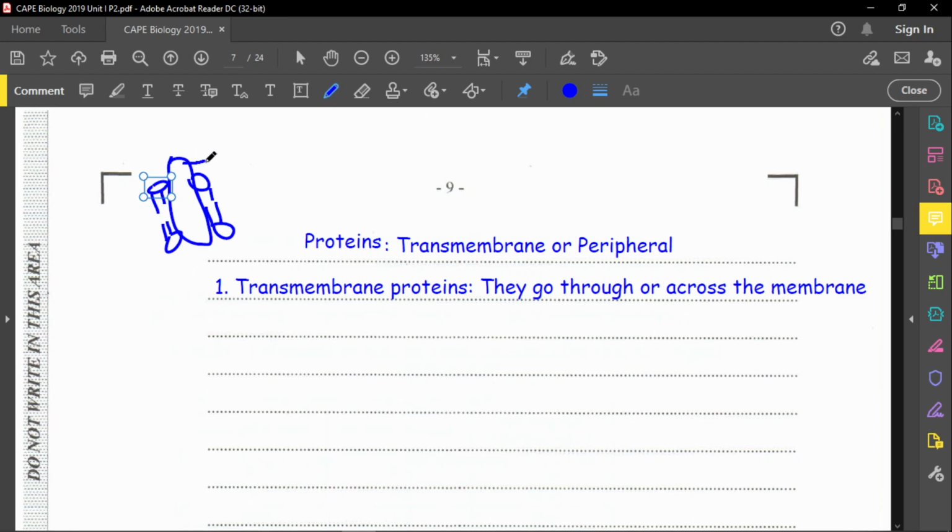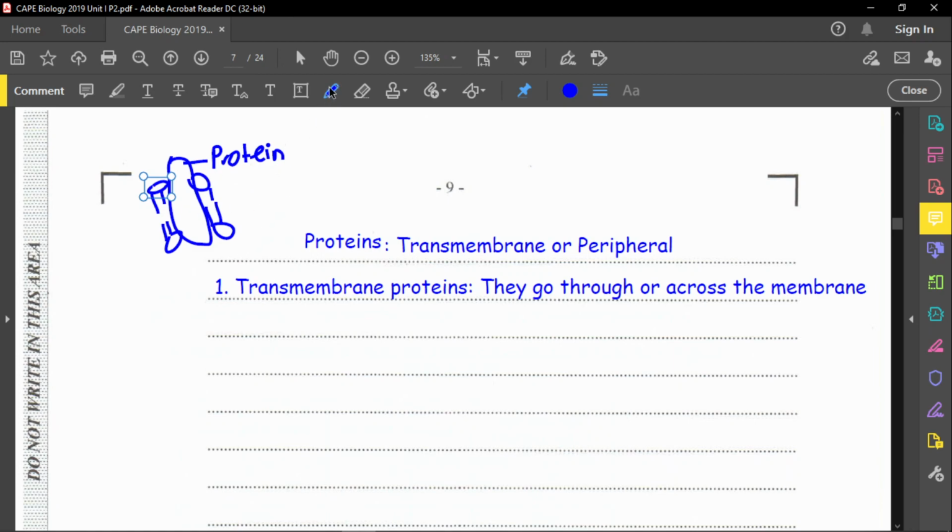These are normally what they call facilitated proteins or channel proteins. So once you talk about the cell membrane or plasma membrane, you may see the words channel protein or facilitated proteins and so on. So that's the protein right there, and the phospholipid bilayer is right there.